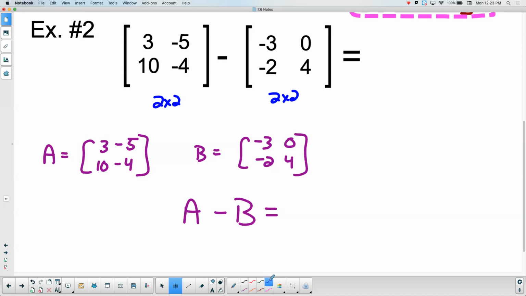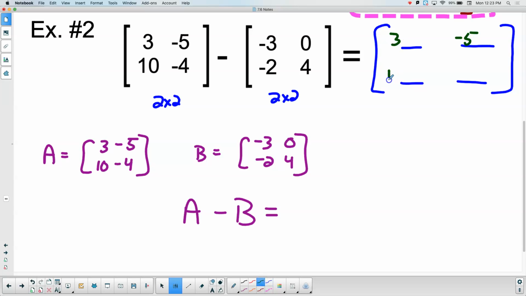So this is going to be a 2 by 2. And we're going to have 3 and negative 5 and 10 and negative 4. And this time we're going to be subtracting. And then we're going to have negative 3, 0, negative 2 and 4.